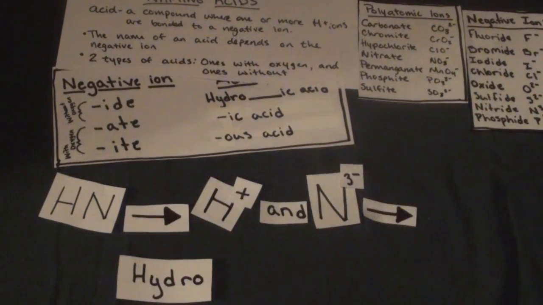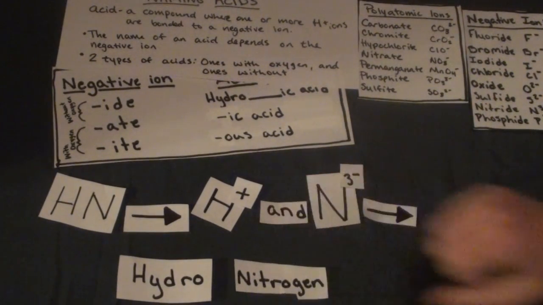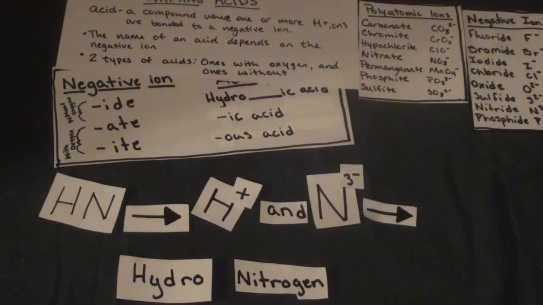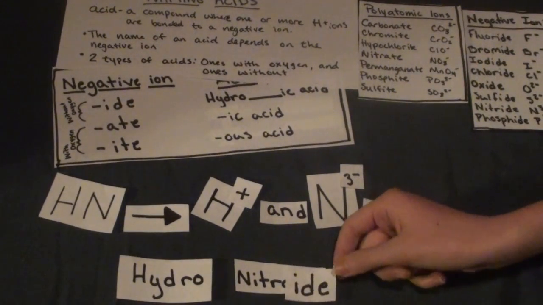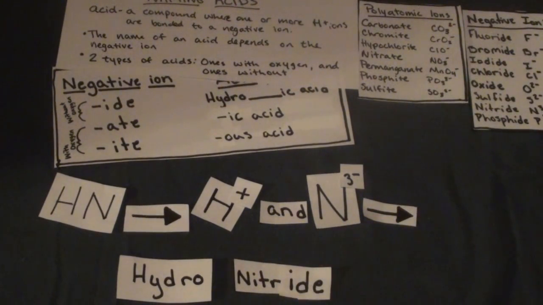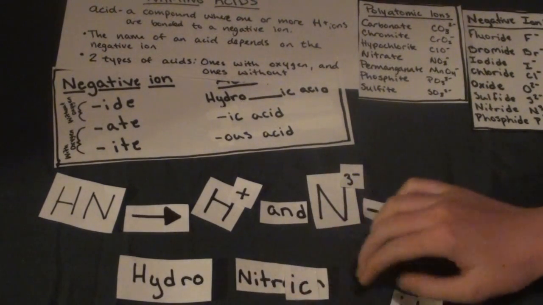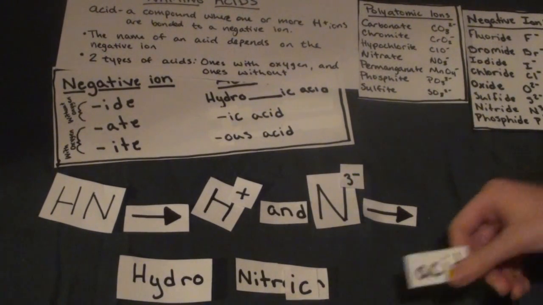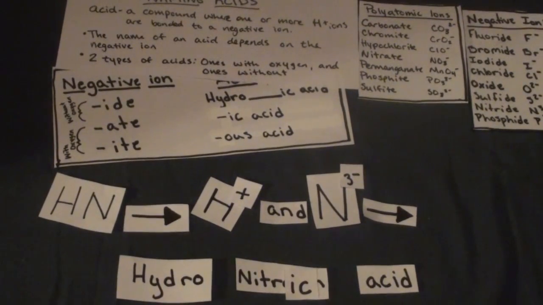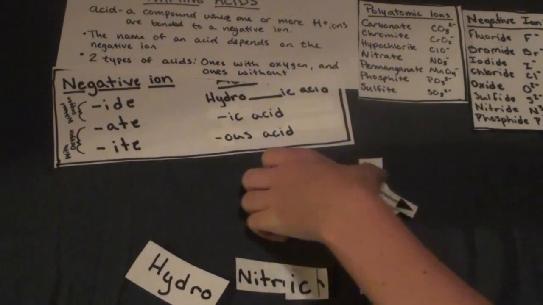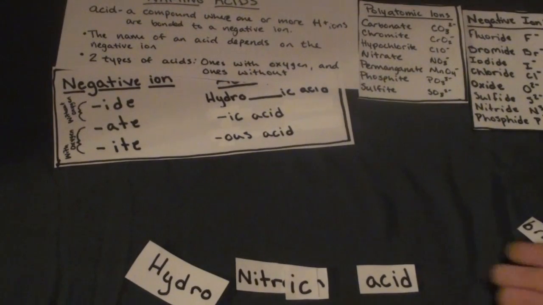We have hydrogen nitride. Hydrogen nitride. And as the rule states, if it ends in IDE, then we change it to IC. So it becomes hydronitric acid. Alright, let's look at an acid with oxygens.